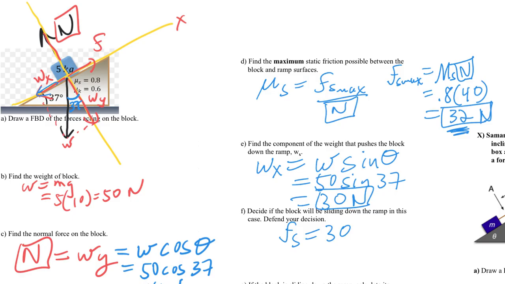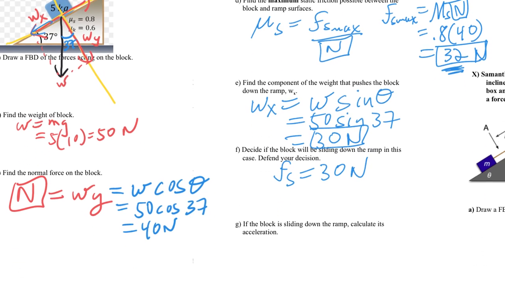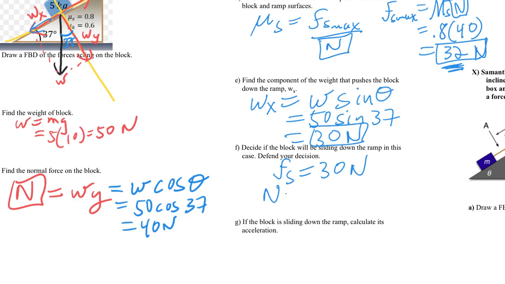So it has to equal because it's at rest right there. So no, it's at rest with the friction being 30 newtons because you need to have Wx greater than 32 for it to slide.